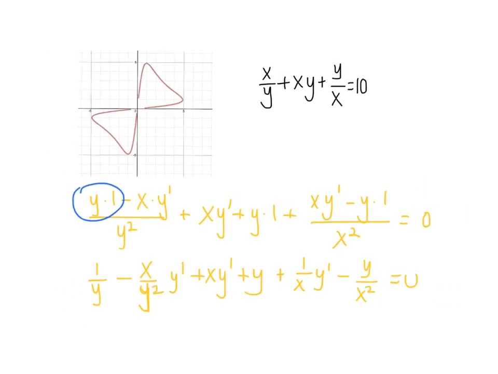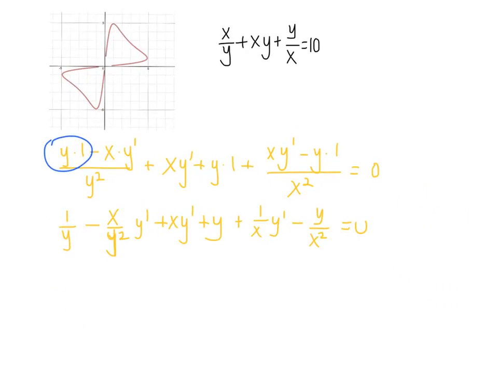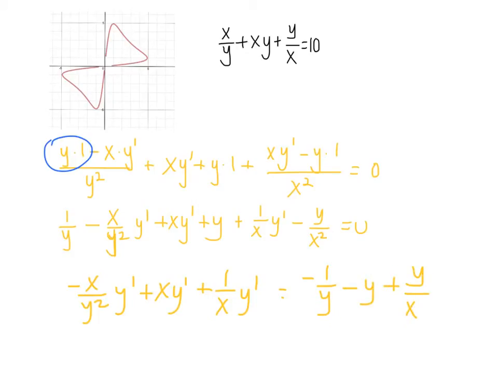So I'm going to do a little bit more simplifying. Put everything with a y prime on the same side. So negative x over y squared, y prime, plus x y prime, plus 1 over x, y prime, equals minus 1 over y, minus y, plus y over x squared.